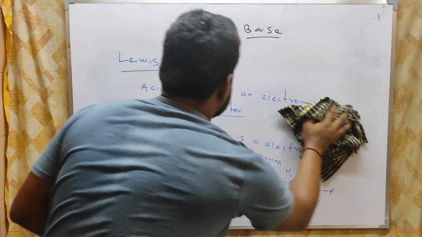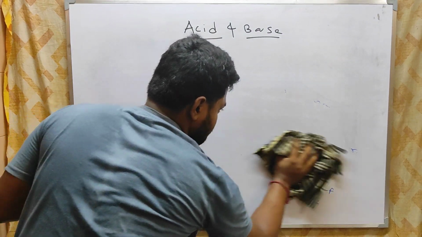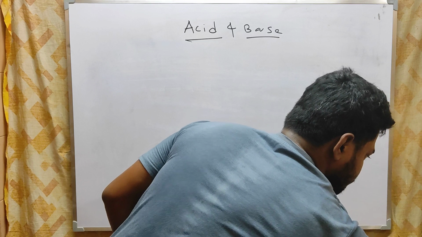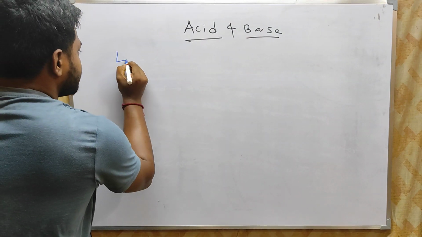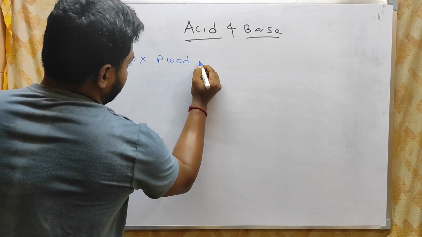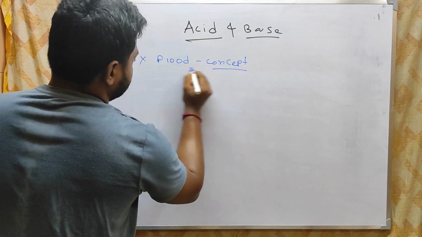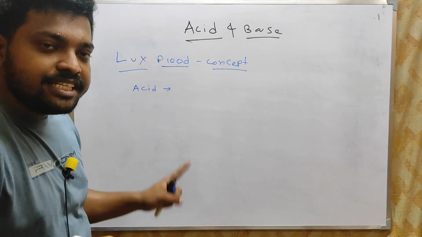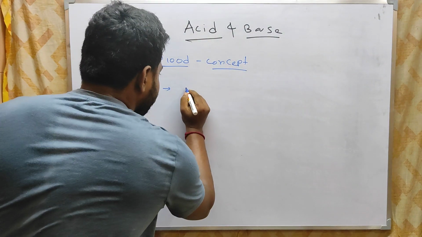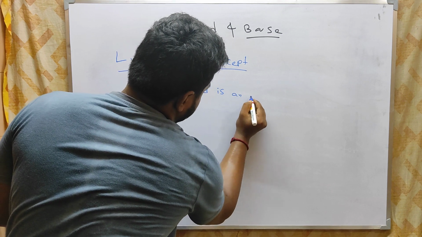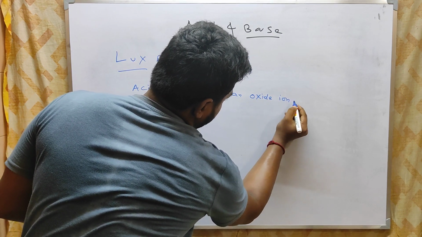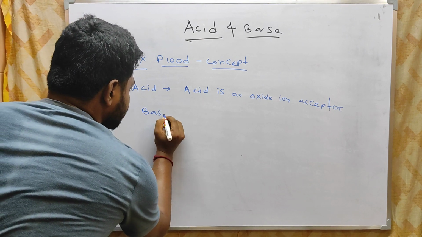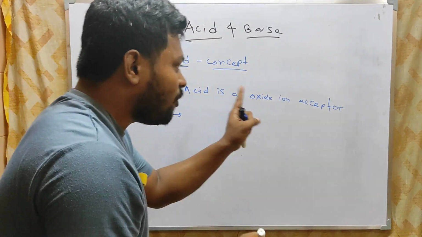What did Lux-Flood say? Lux-Flood said that acid is an oxide ion acceptor and base is the reverse, that is, an oxide ion donor.